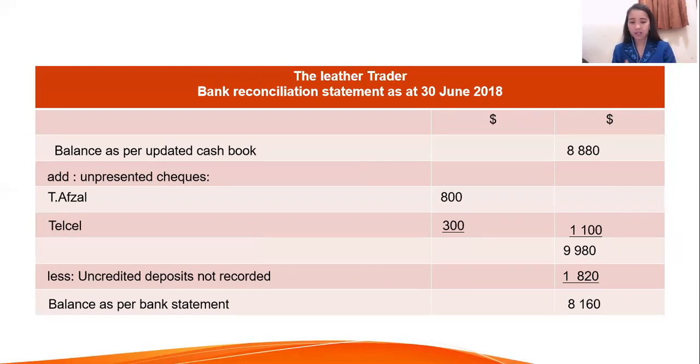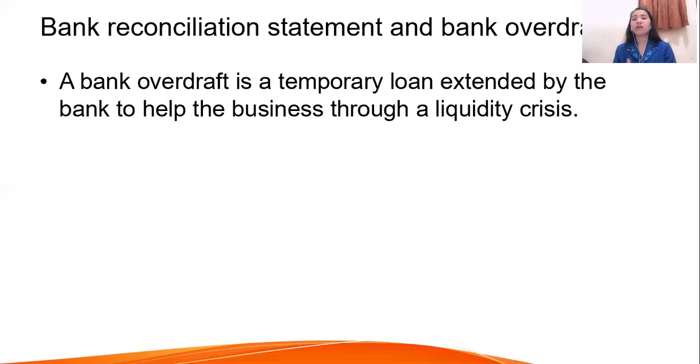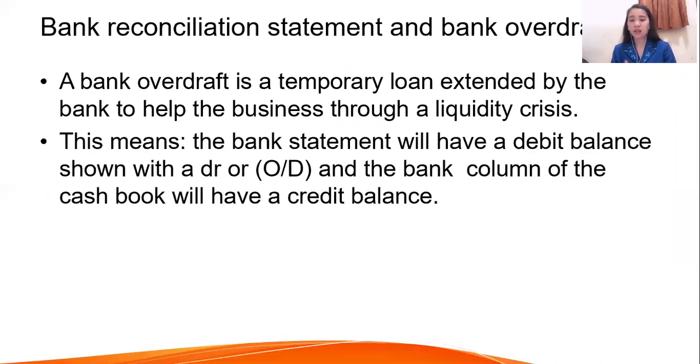We come to the next one. This is bank reconciliation statement and bank overdraft. So we make it very quick. Remember, a bank overdraft is a temporary loan extended by the bank to help the business through a liquidity crisis. So this means the bank statement will have a debit balance shown as DR or OD.